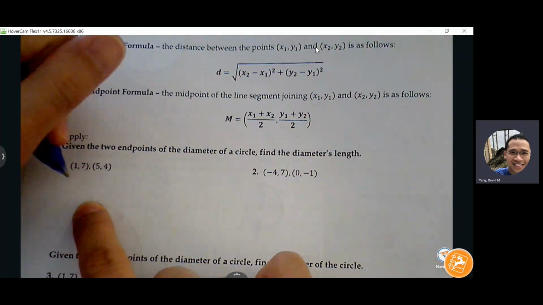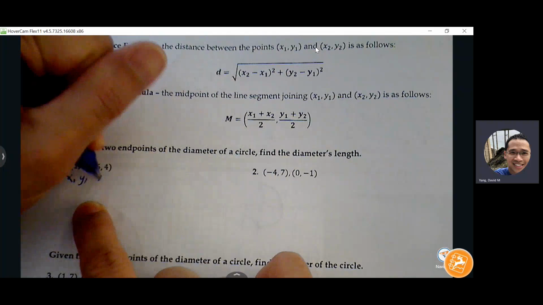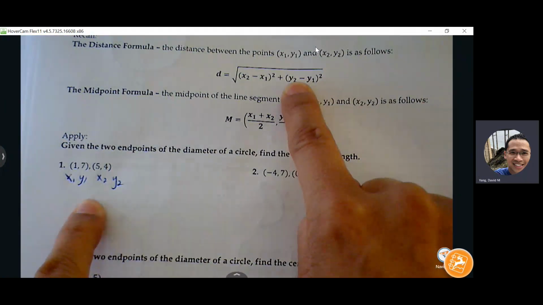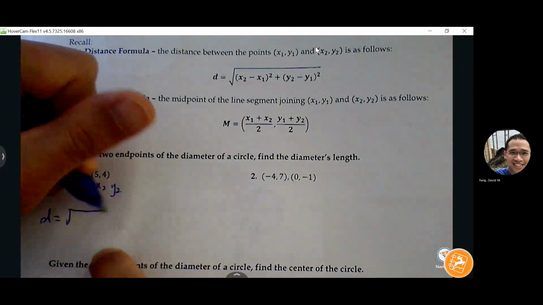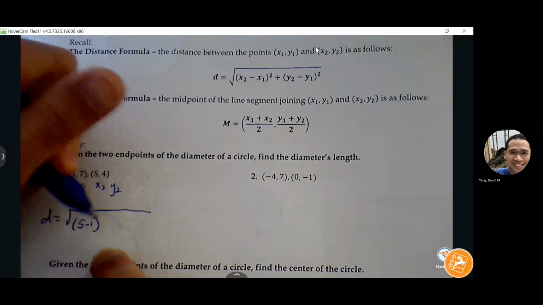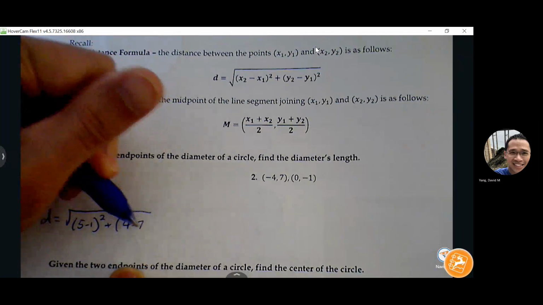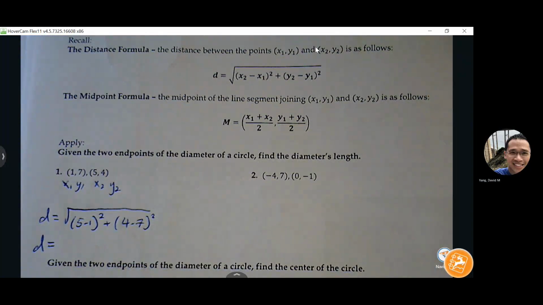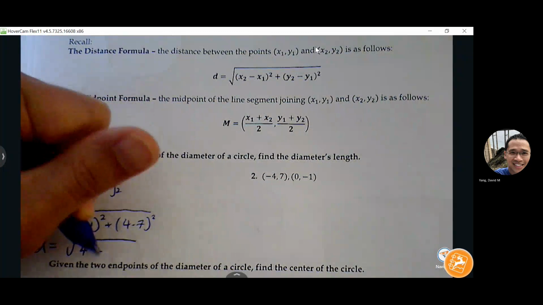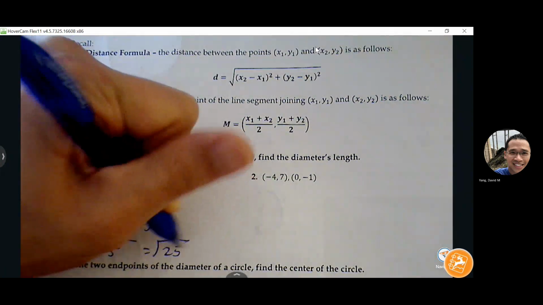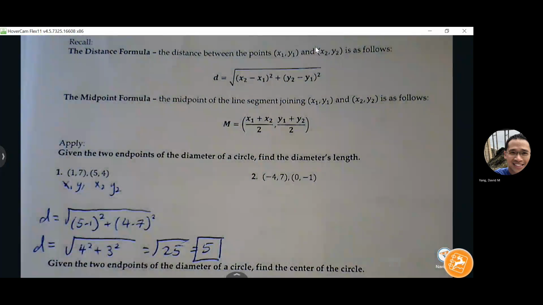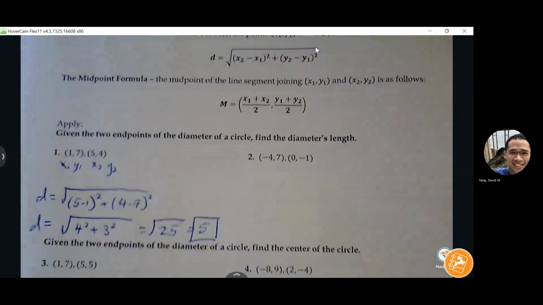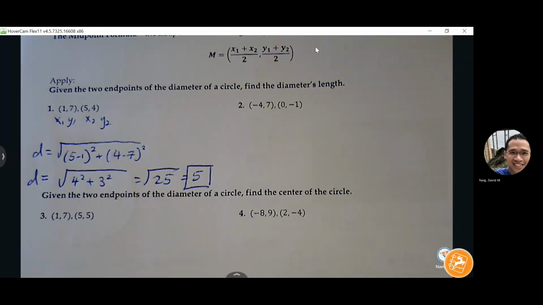I can just arbitrarily say this is x1, y1, and call this x2, y2, and I'm just going to insert it into my formula here. Okay, likewise, do the same thing for number 2.